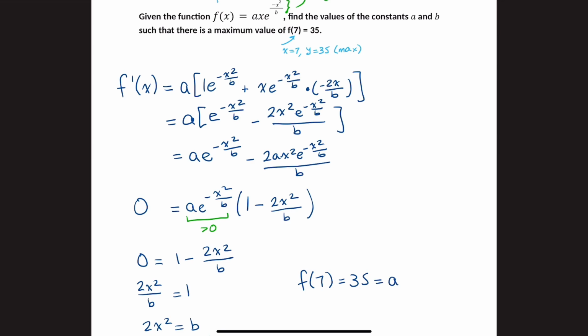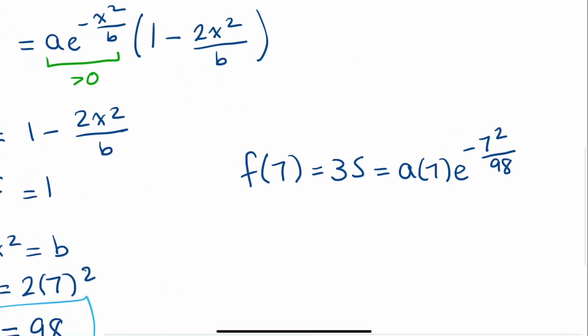Now this will be a multiplied by 7 e to the power of negative x squared, so for x, I'm going to plug in 7, square that, divided by b, which we just found out to be 98. And so this is going to be 35 equals 7a e to the negative 49 over 98.